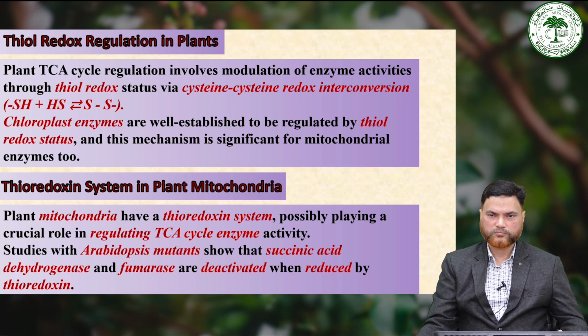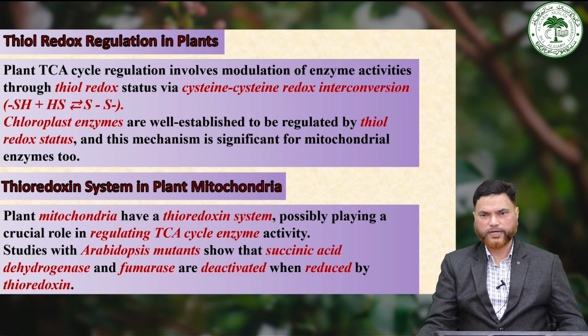You see that in Arabidopsis, a study has been conducted on how thioredoxin regulates the enzymes of the TCA cycle. Specifically, succinic acid dehydrogenase and fumarase, which are involved in the TCA cycle, are regulated.